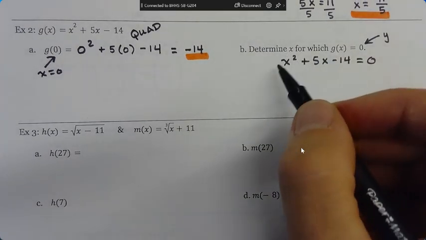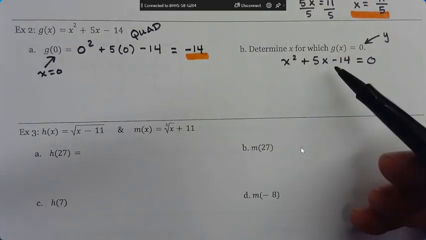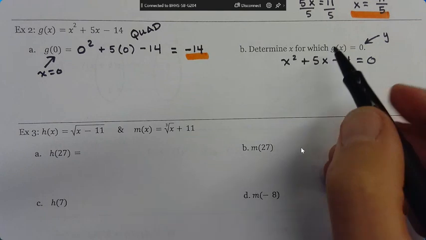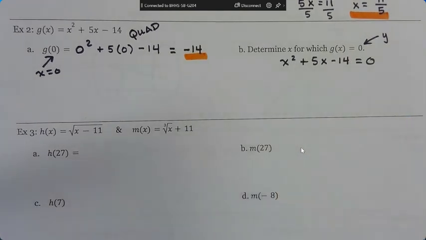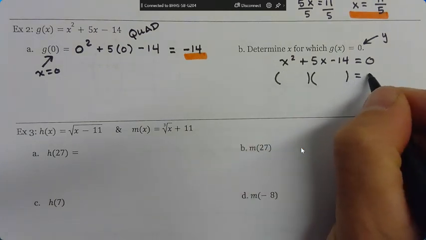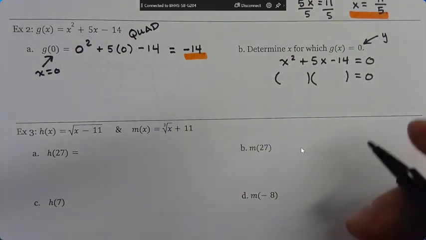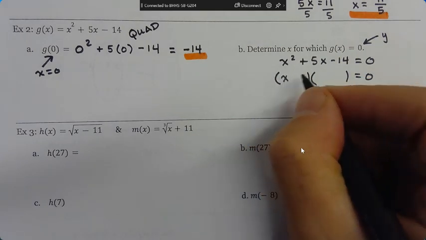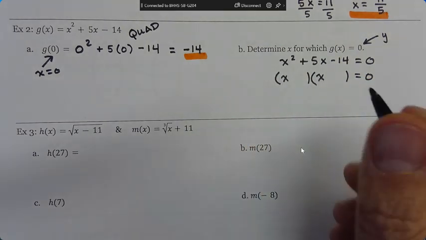Okay, and now you can solve this however you want. By the way, this right here, I won't ask you about functions, but that right there is something that could come up on Tuesday on the prequel. And I would do this one by factoring. So x and x.